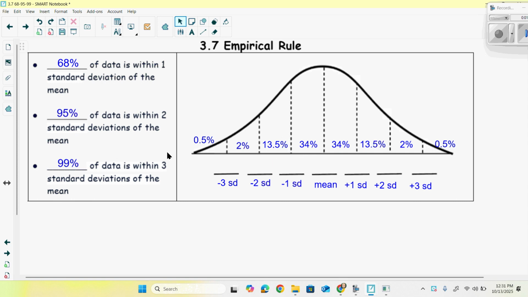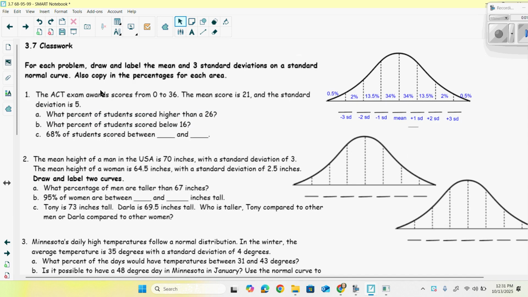So let's look at some problems and see how this applies. Looking at each problem here, we're going to want the standard deviations 3 away from the mean, and we're going to label them by the amounts or the values. So the mean score, in this case, ACT, you get a value between 0 and 36.